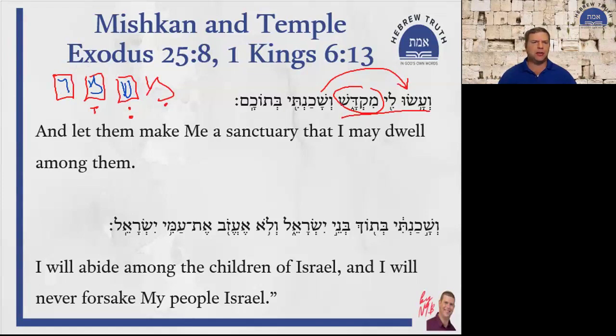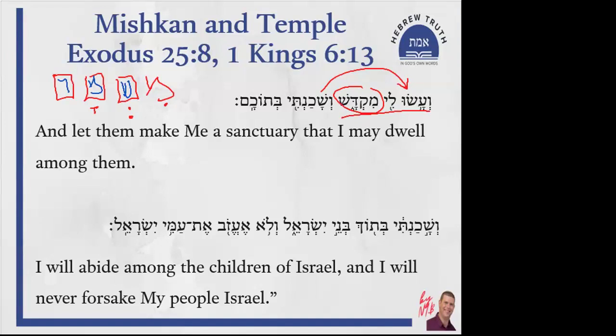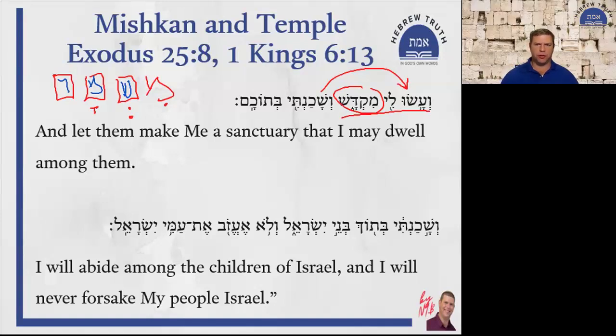So if Mikdash is a structure of holiness, because the root Kuf Daled Shin has to do with holiness, and Migdal is a big structure, a tower, what is Mishmar? It's a fortress? Some kind of a fortress, sure.